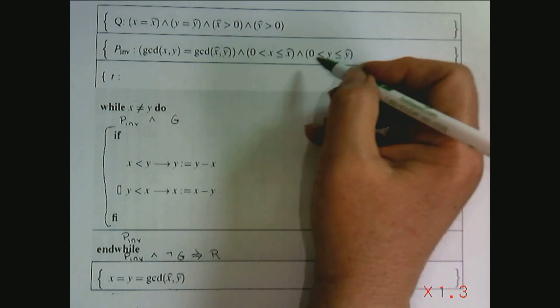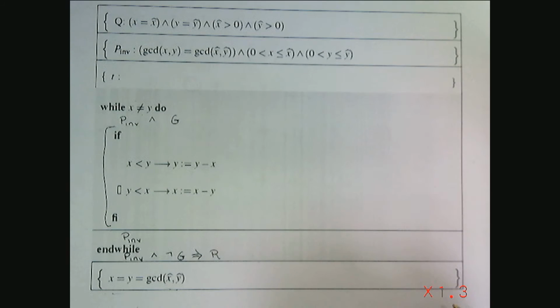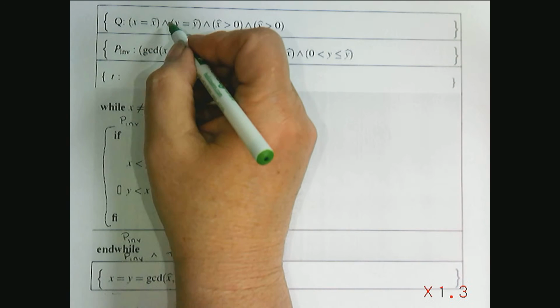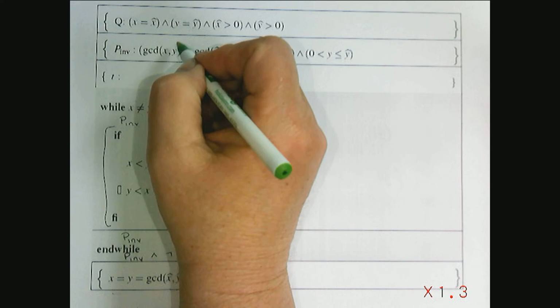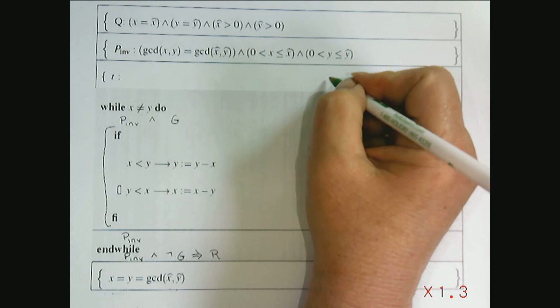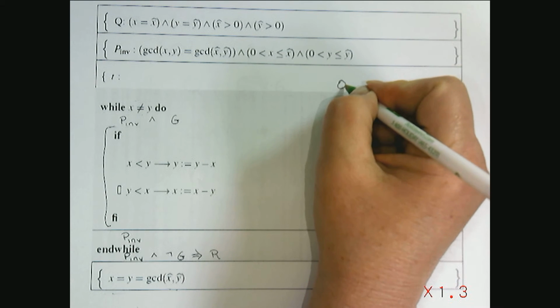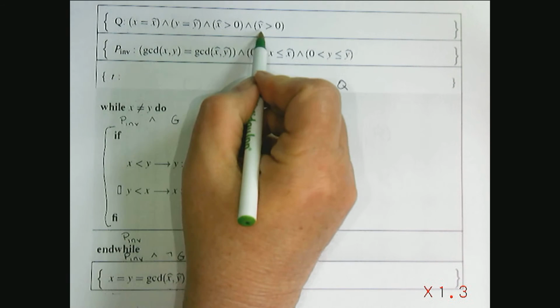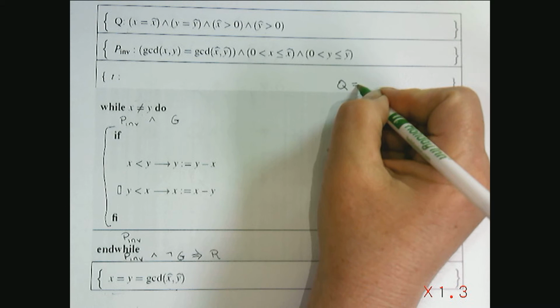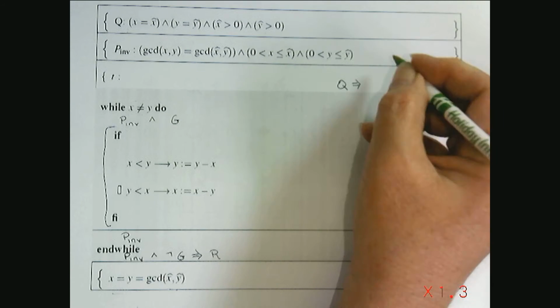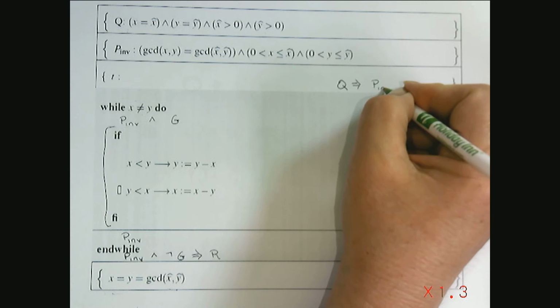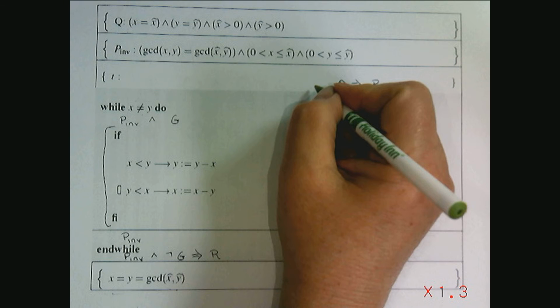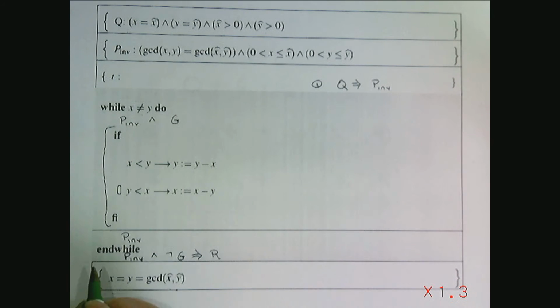So let's list out the predicates that we need to prove. Since there is no command before we enter the loop, the precondition must imply that the invariant holds. That's the first thing we would need to prove.